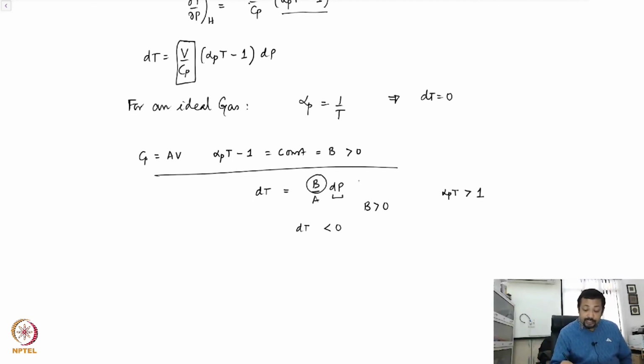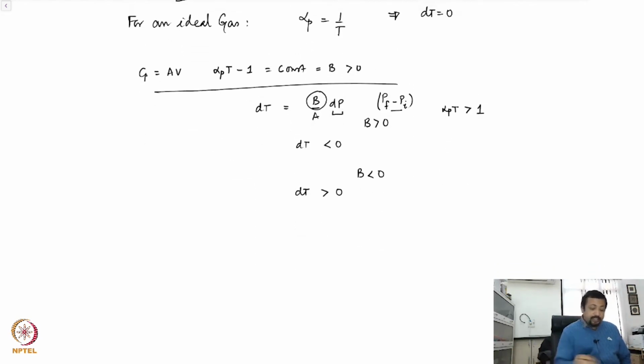Because if you integrate this, you're going to come up with a relation which is going to be Pf minus Pi. Initial pressure was high, final pressure was low, so this delta P is negative and therefore your temperature change is negative, so the gas cools down. In contrast, when B is less than 0, your change in temperature is going to be positive, so that your gas heats up.